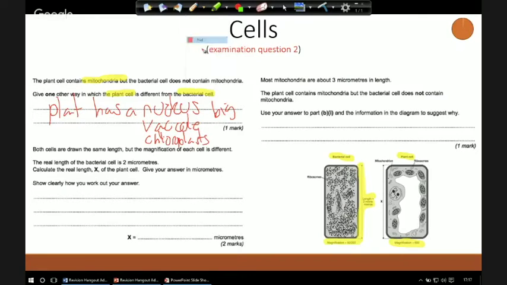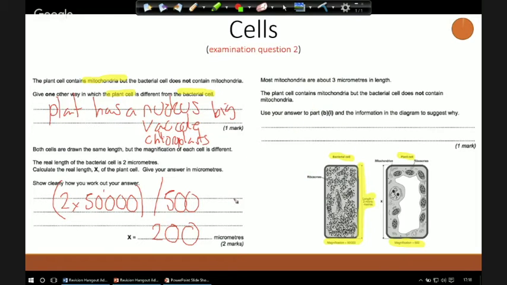So to get the answer here, we're going to say that because we've got a magnification of 50,000 and it's 2 micrometers long, we're going to have 2 multiplied by 50,000, but then we're going to divide it by the magnification of the plant. So 2 times 50,000 is 100,000, divided by 500, the answer is 200 micrometers.